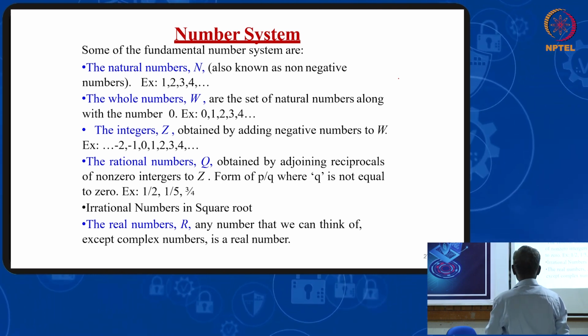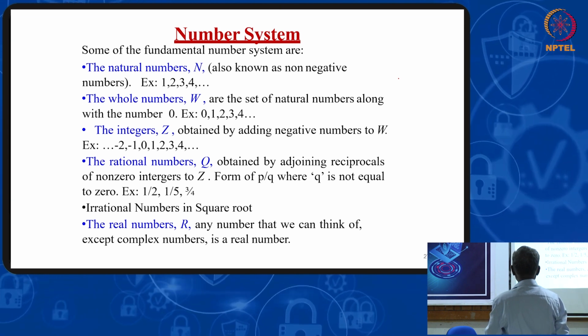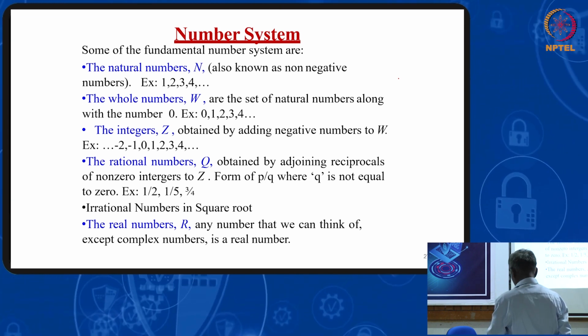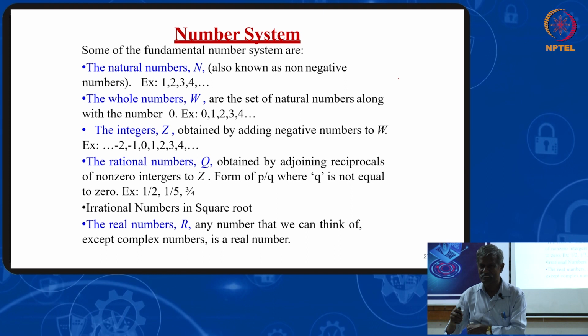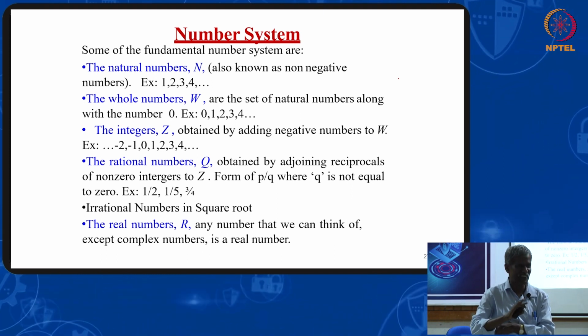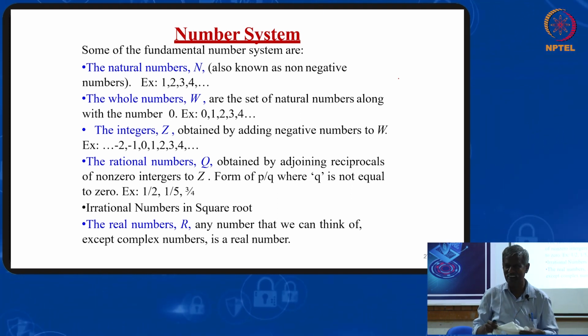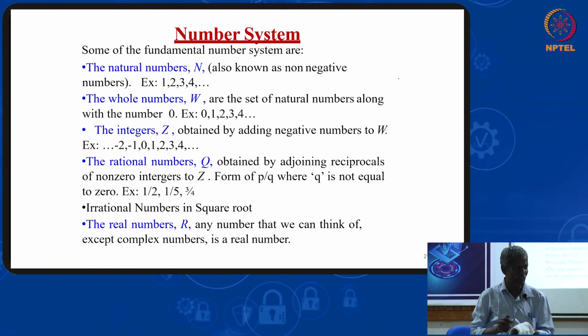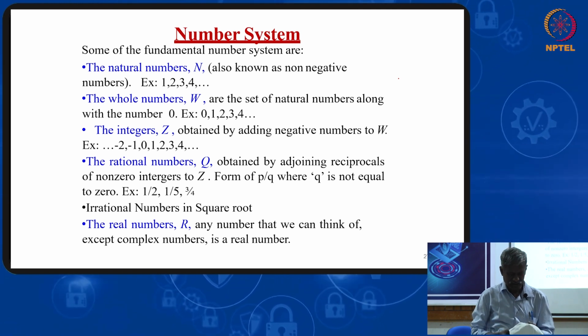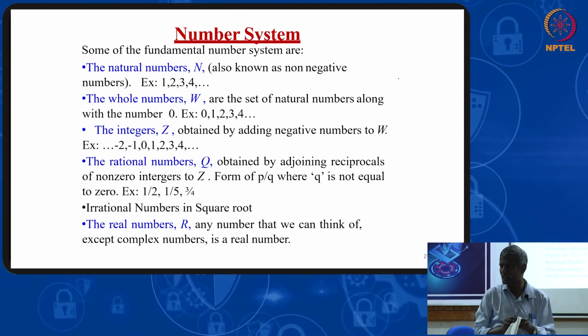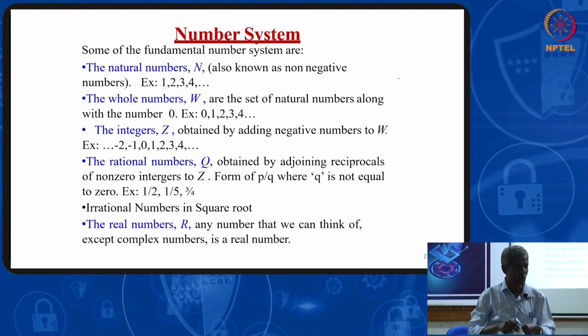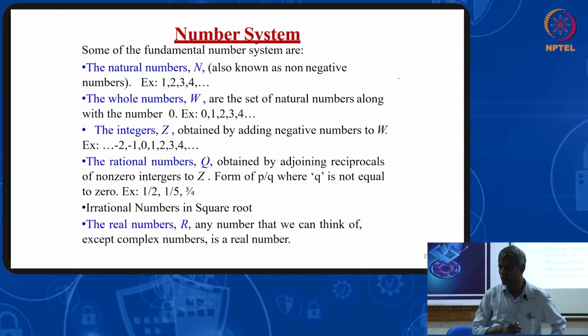Then real numbers. You know, floating point, real and integer. In computers, we are always using integers and real numbers. Real numbers will have a full stop, a decimal point. One example is 4.5, 7.25.